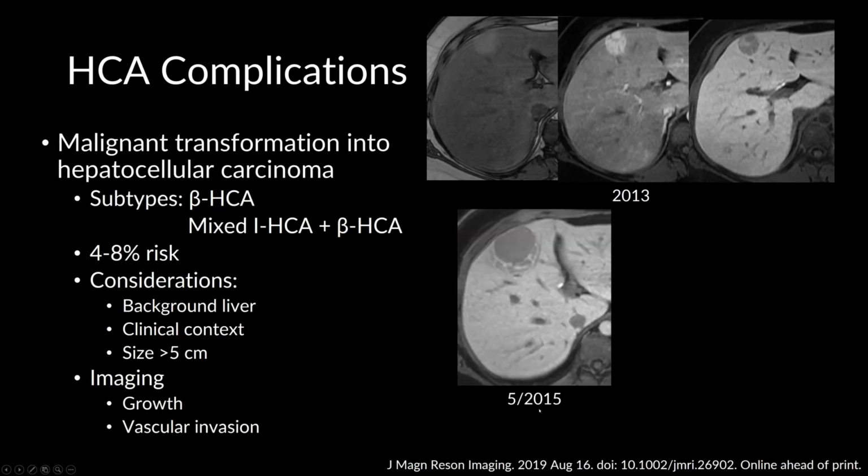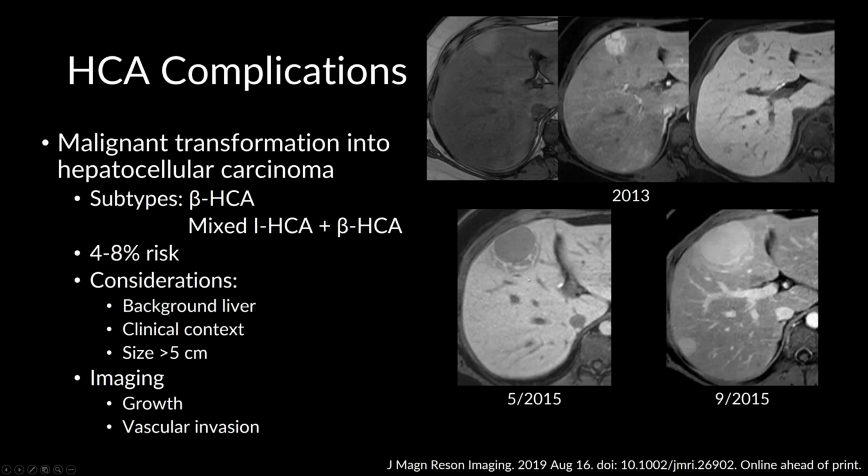The next imaging we see is in 2015, and the lesion has significantly grown. I don't know if they wanted to give a trial of OCP discontinuation, but she was followed up 4 months later, and it had hit the 5 centimeter threshold, and so they took it out and found that this was an HCC arising from an inflammatory adenoma.